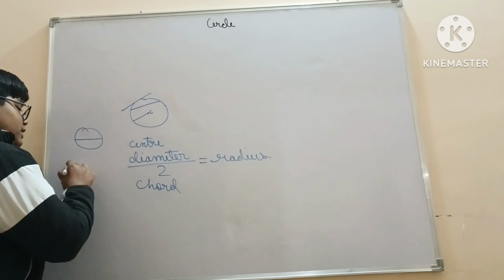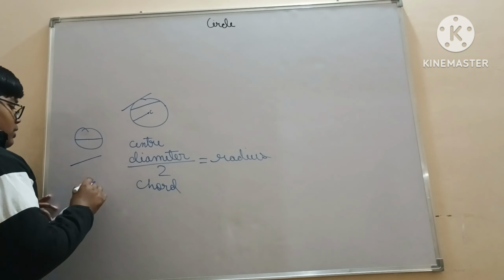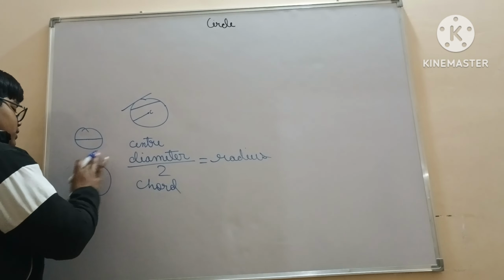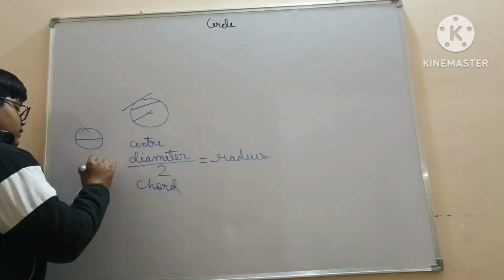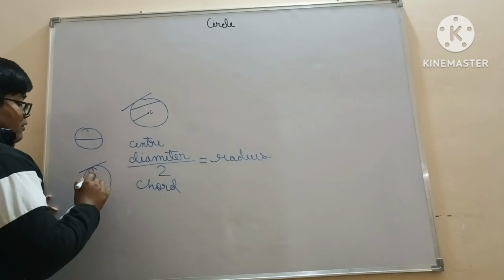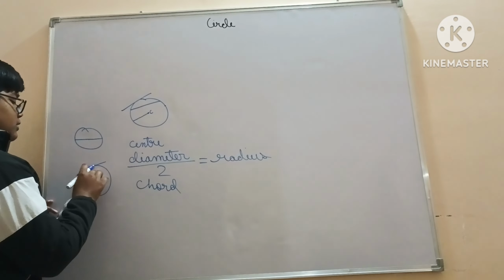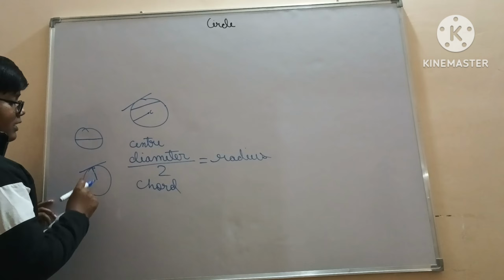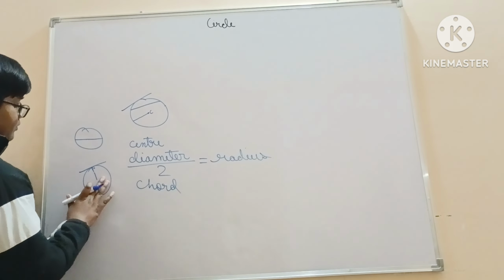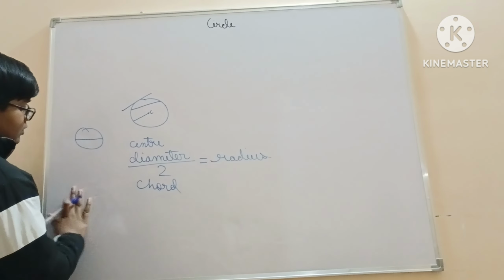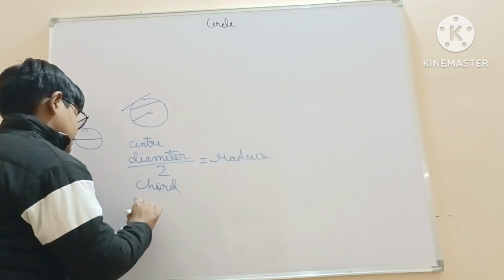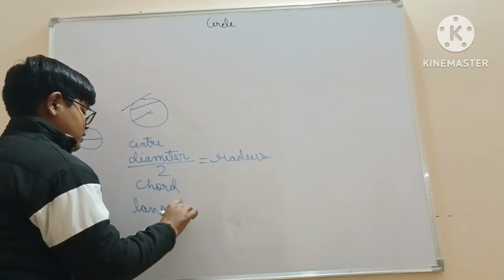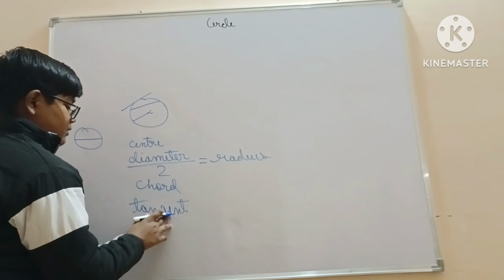Any tangent drawn on the circle at the bottom of the circle always makes an angle of 90 degrees with the radius. So there is a line which is a tangent, and it only touches the outer boundary of the circle.